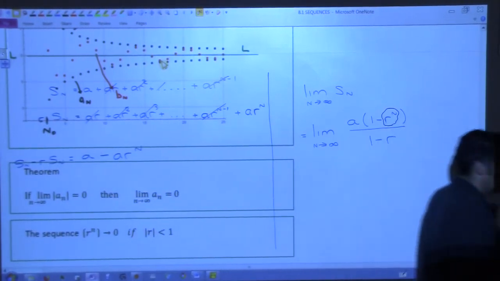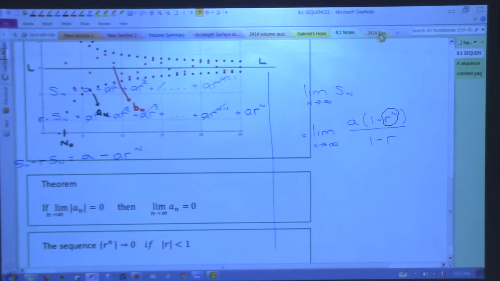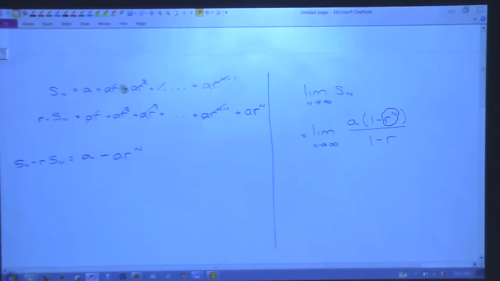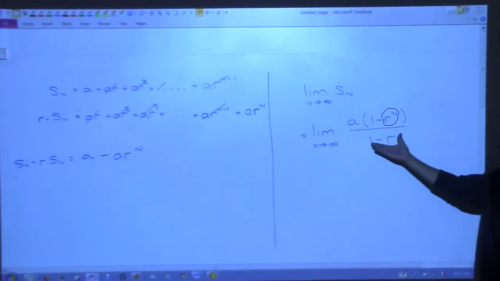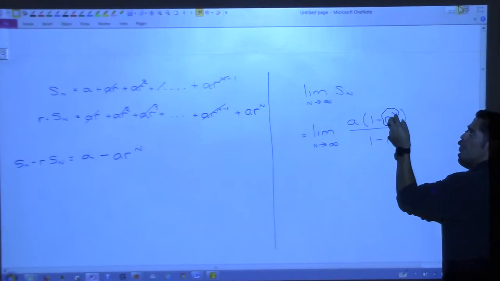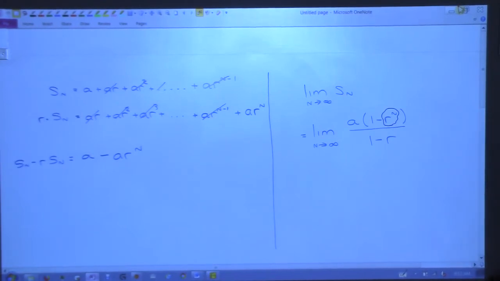So when we're looking at this, we're saying to ourselves, all right, what happens to this? Well, this is the only thing with n on it, and it's r to the n. So this is either going to go to 0 or it's going to diverge. It'll go to 0 if the absolute value of r is less than 1.